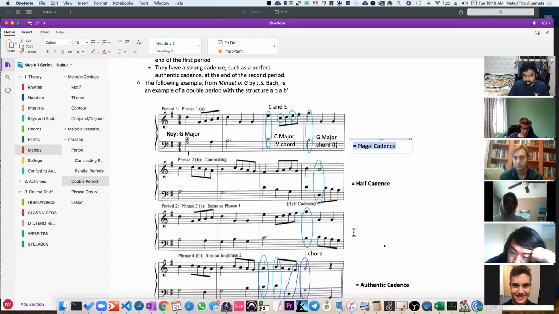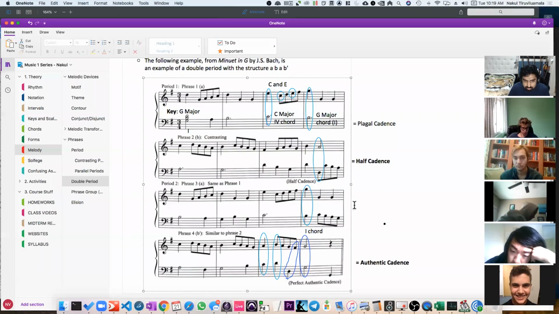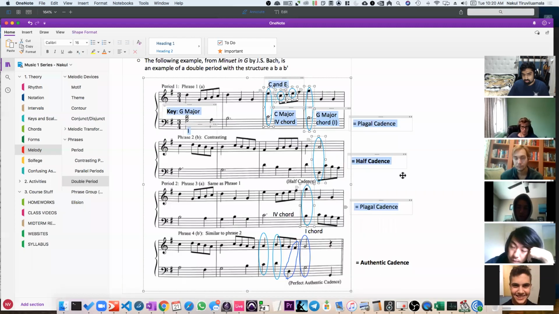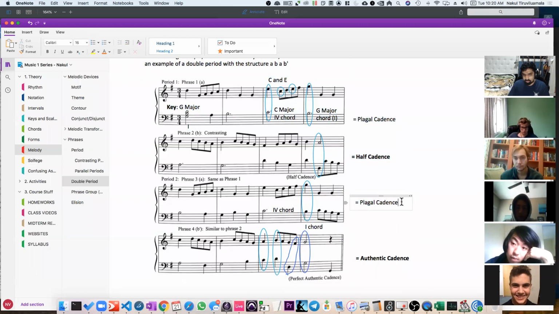So you see how there's 4 phrases here? Let's say that this is a plagal cadence again. Right, it is, because this is a 4 chord. What if I just got rid of this phrase and I only considered this 8 measure phrase against this 8 measure phrase?